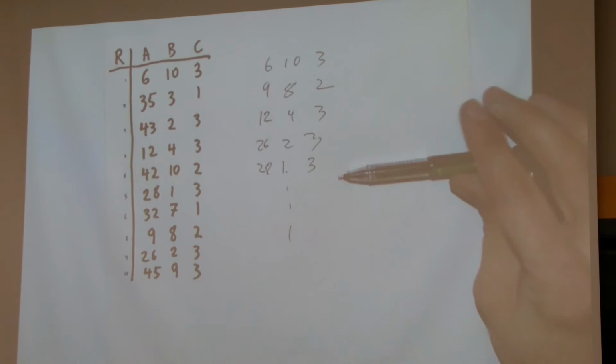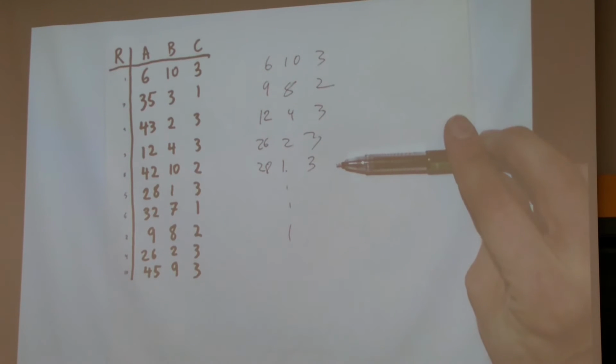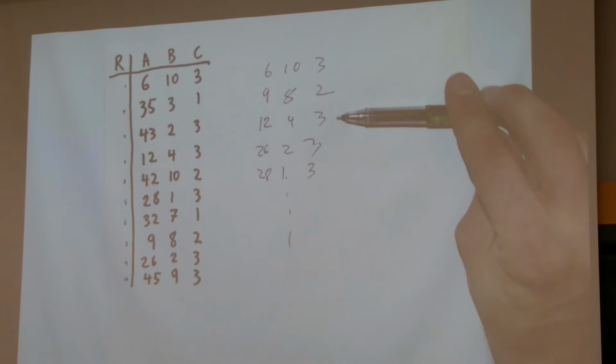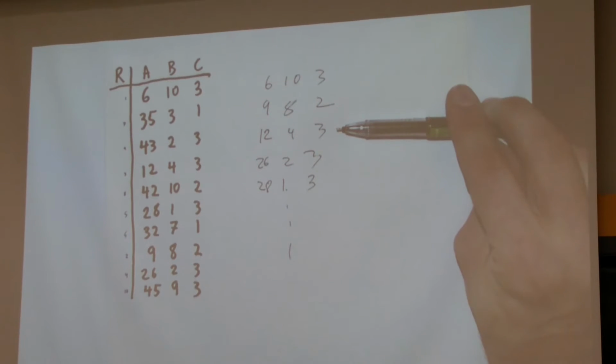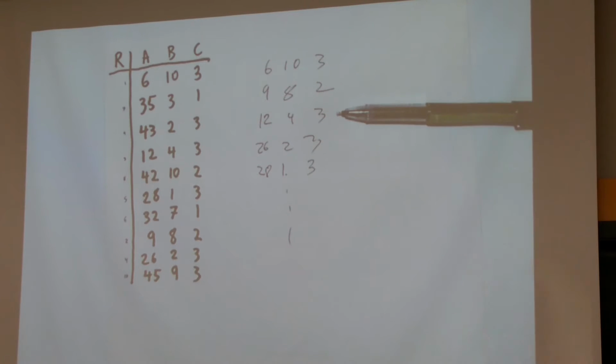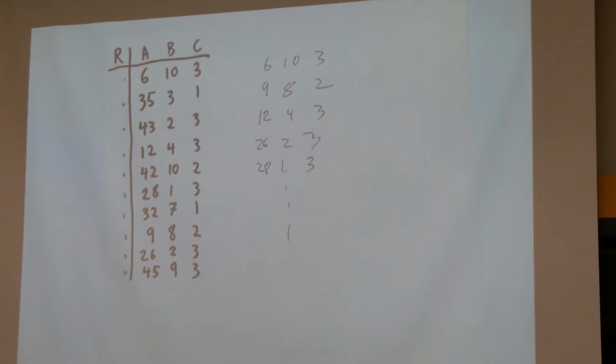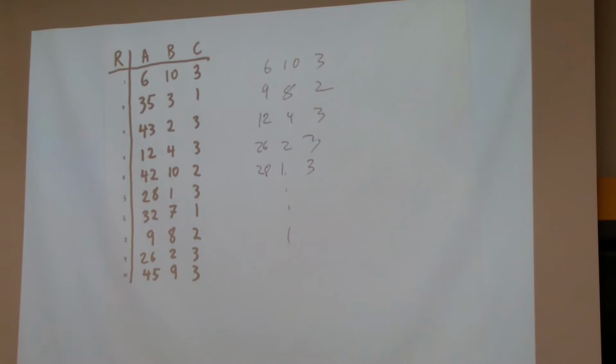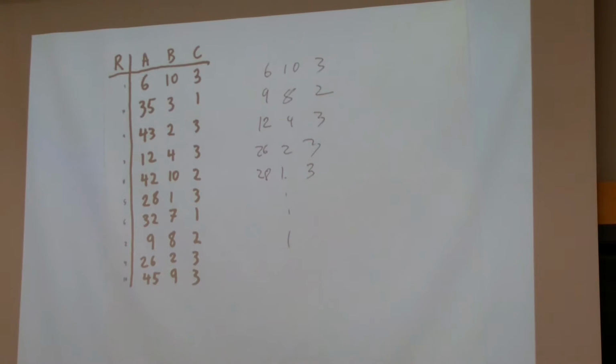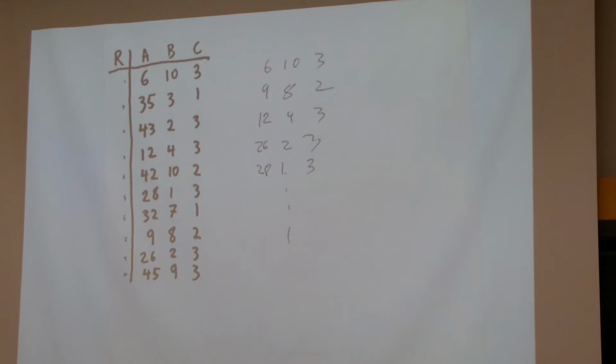Binary search. So I start at the middle. 12 is less than 28. I scoot up halfway through everything coming before it, and I stumble across 12. Great. So having the data sorted is potentially useful.